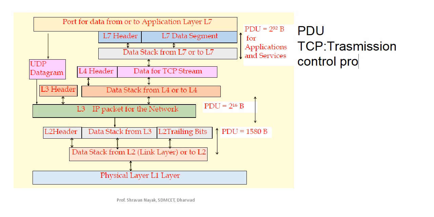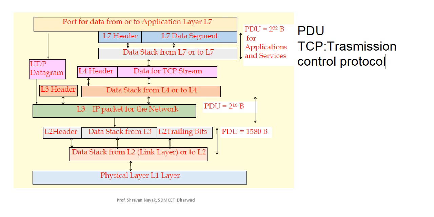What exactly is this, and what are its features, we will definitely see as we come later. Now, a maximum of 2 to the power of 32 bytes PDU is the number of bytes you can see in a typical application and service layer, as far as the internet protocol is concerned.